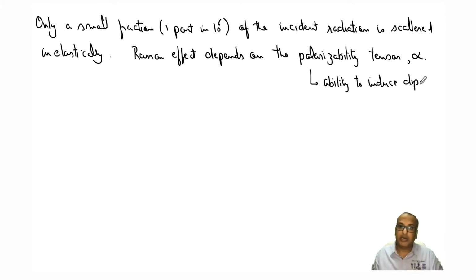So when you're shining light, it has some electric component which can induce a dipole moment in the molecule, and that ability is called polarizability, which is measured by the polarizability tensor. Just like scalar quantities and vector quantities, there are tensor quantities. So this is a tensor quantity, the polarizability tensor.